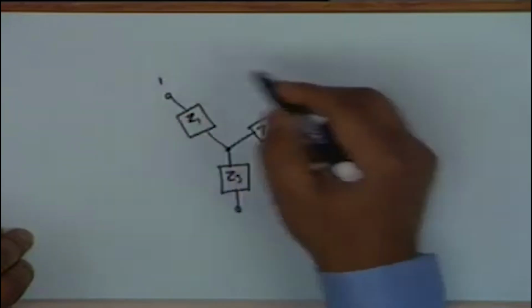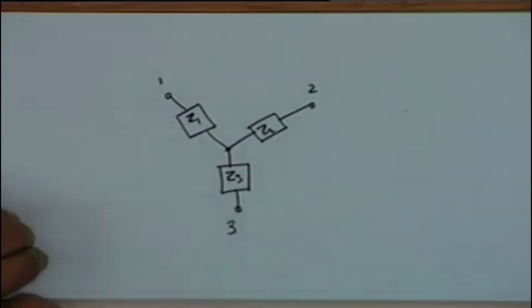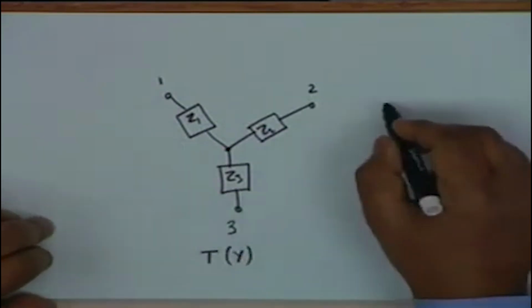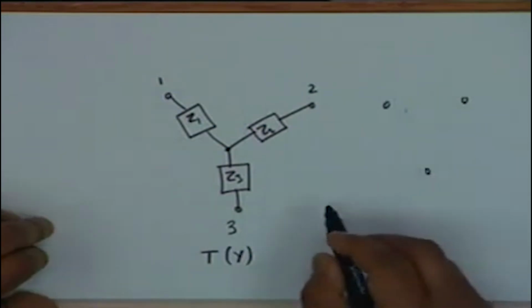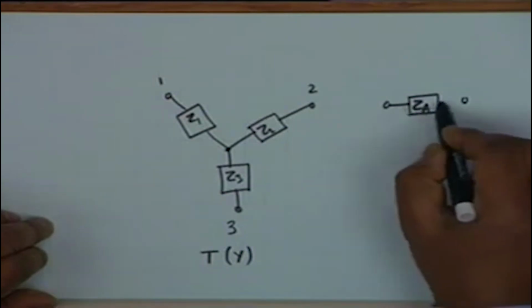all right, let's mark the terminals 1, 2, 3, a 3-terminal network which is of the shape of a T or a Y, T or Y, and I wish to convert it to a delta. That is, I want to find out the equivalent.